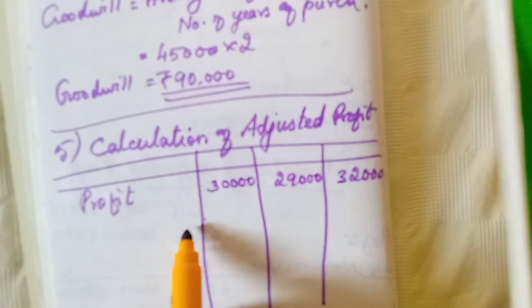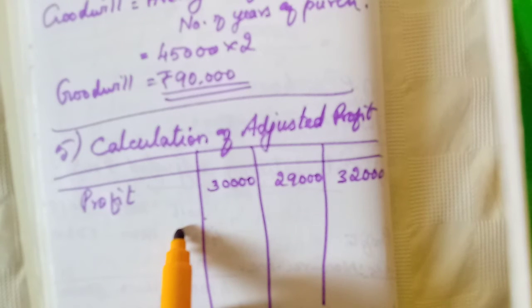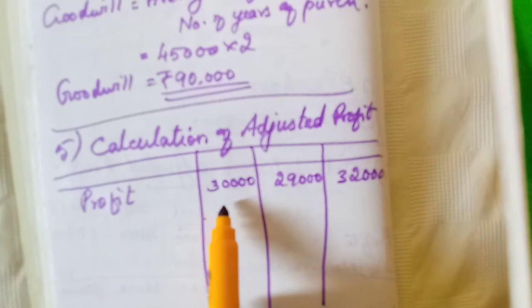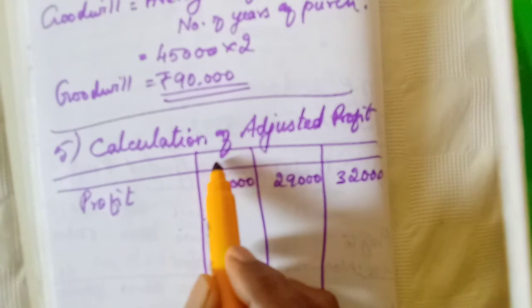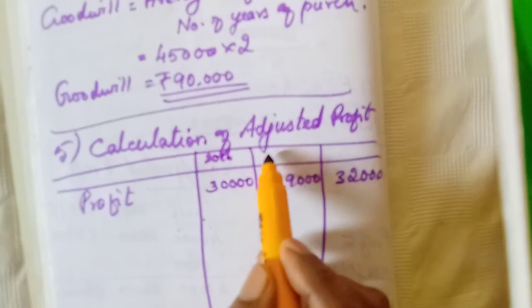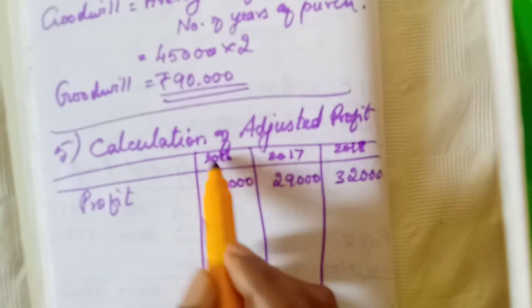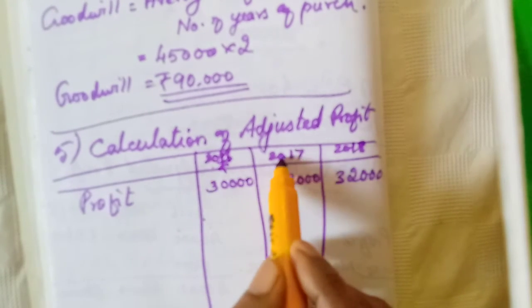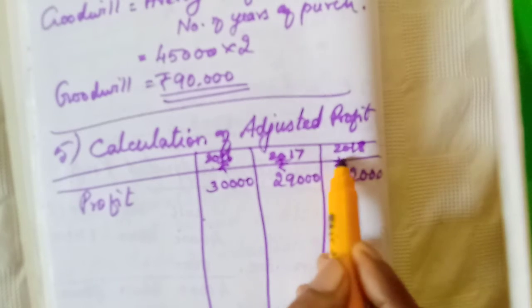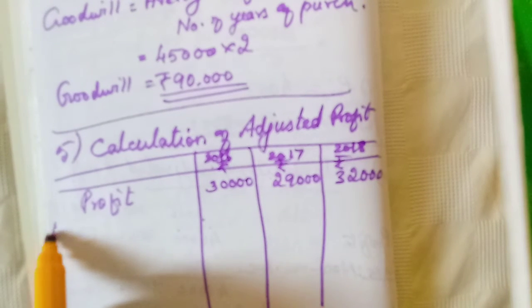Then adjustment B: profit of 16 includes a non-recurring income. So we write the years here: 16, 17, 18, then amount in rupees.